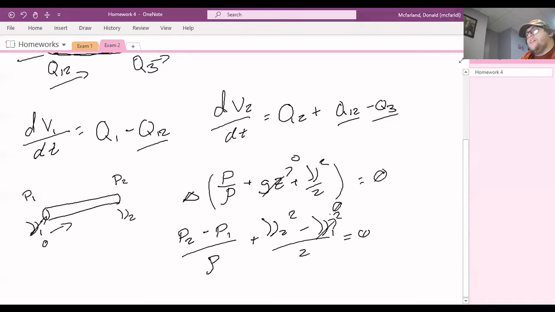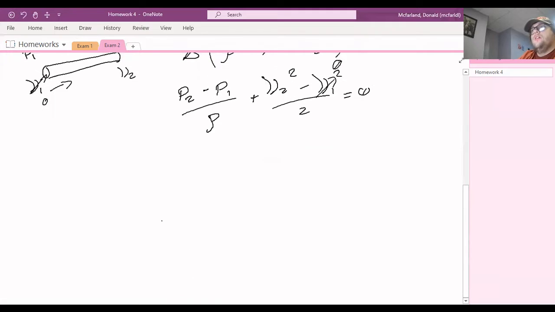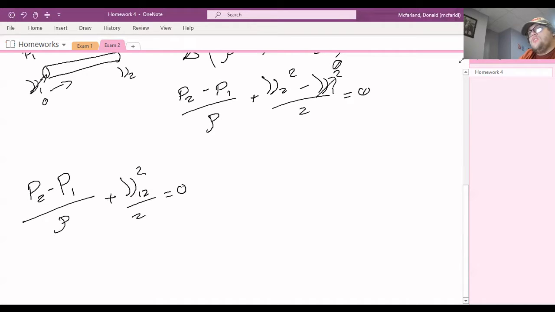Well, not at rest, but the difference will just be V2. So with that, our equation becomes P2 minus P1 over density plus velocity 1,2 squared over 2 equal to 0.